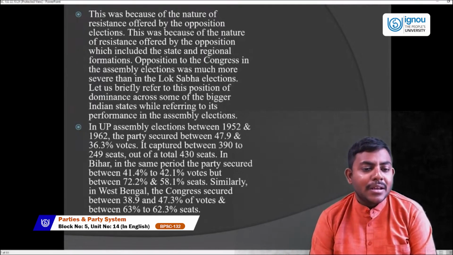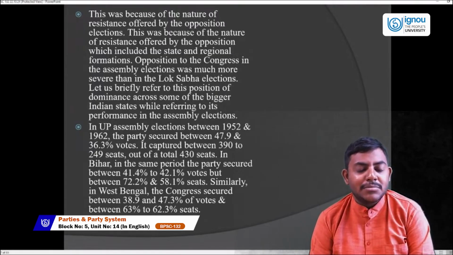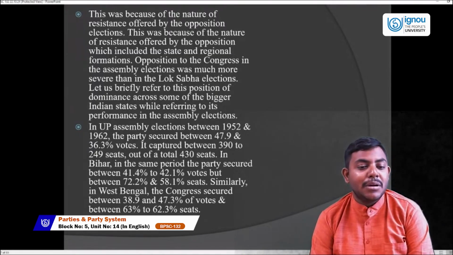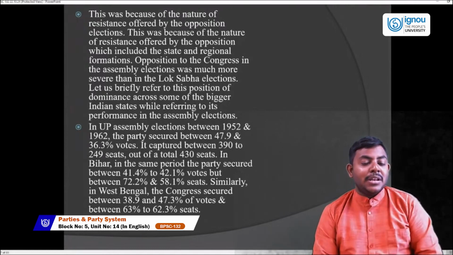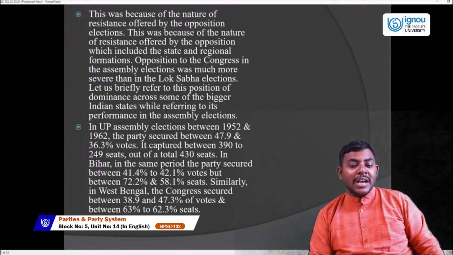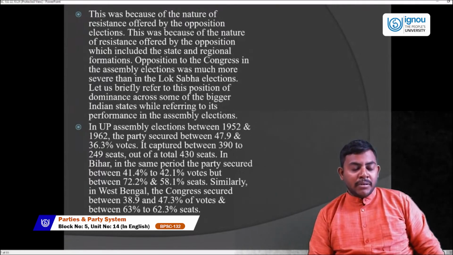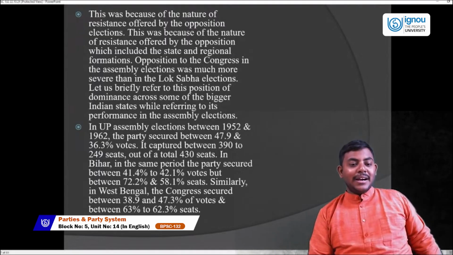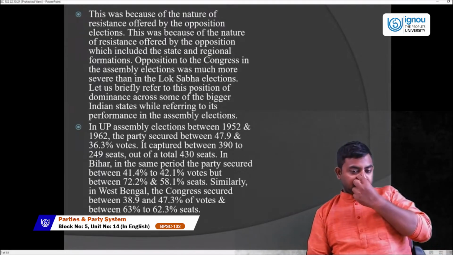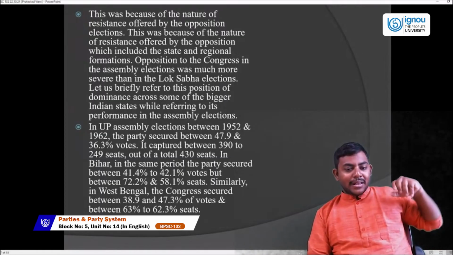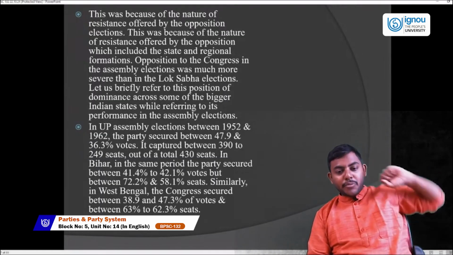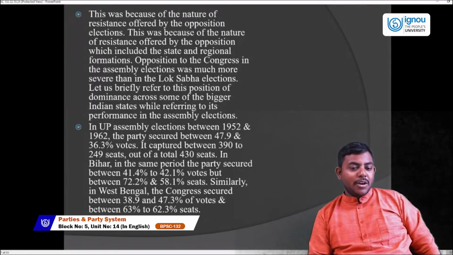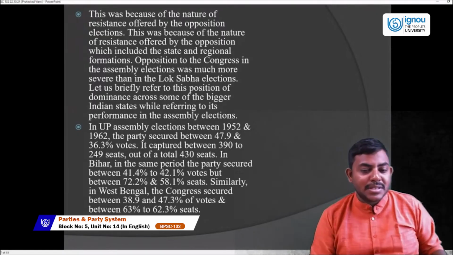In Uttar Pradesh, in assembly elections between 1952 and 1962, the party secured between 47.9 and 36.3% votes. It captured between 390 to 249 seats out of a total of 430 seats. In Bihar, in the same period, the party secured between 41.4 to 42.1% votes, but between 72.2 and 58.1% seats.